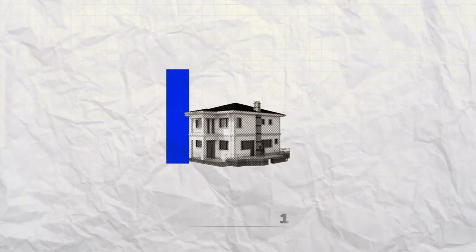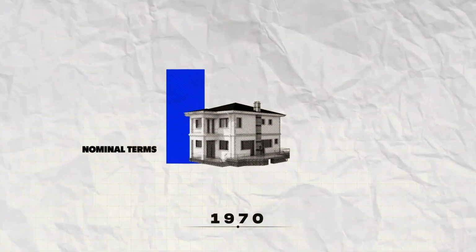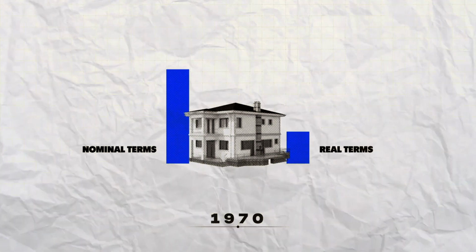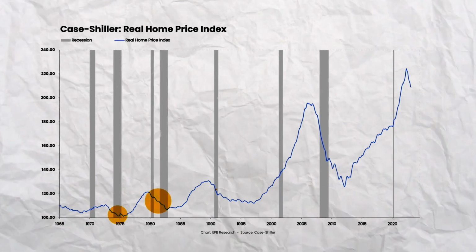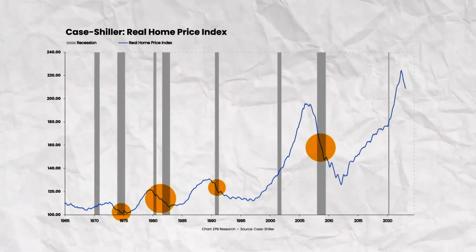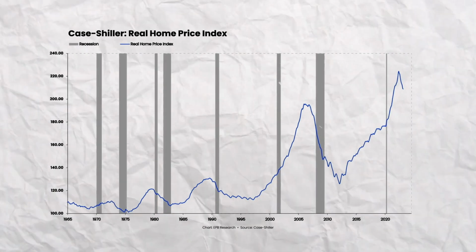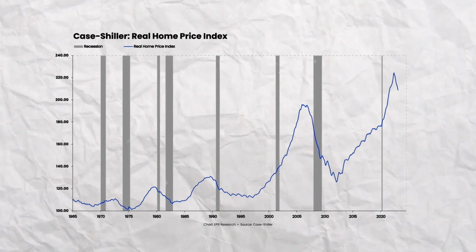During periods of high inflation, such as the 1970s, housing prices may increase in nominal terms, but sharply decrease in real terms. When we look at housing prices in real terms, we see that they generally decline around recessionary periods, which is logical. The duration and magnitude of the correction vary, but they usually concentrate around recessionary periods.